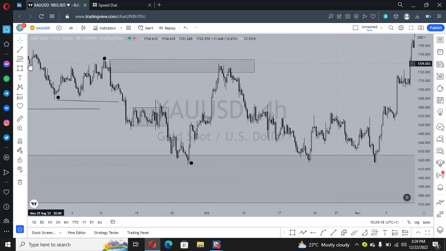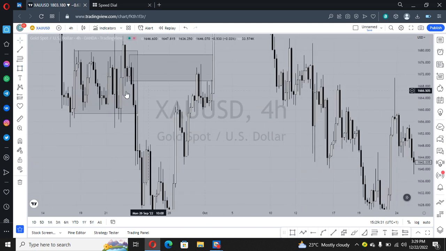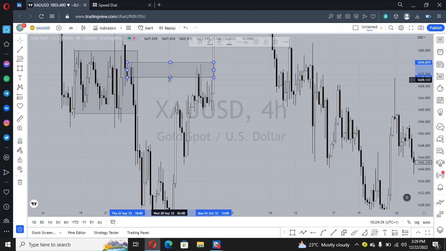Also, those that trade the full market cycle will be like, this is a consolidation and we have an expansion. You'll be expecting what, a retracement back to the area of what, imbalance, and then an area of what, of the block. So I mark that right here, and you see what actually happened.